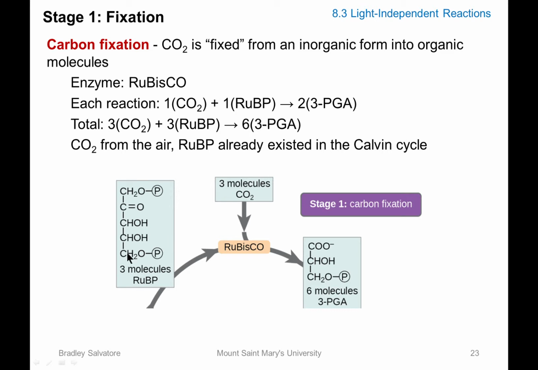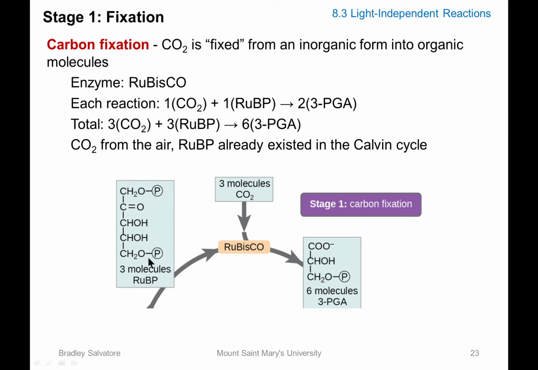This molecule has 1, 2, 3, 4, 5 carbons combining with 1 carbon. So in total, they can make a 6 carbon molecule. However, that molecule will break in half and make two 3 carbon molecules, which is our 3-PGA.